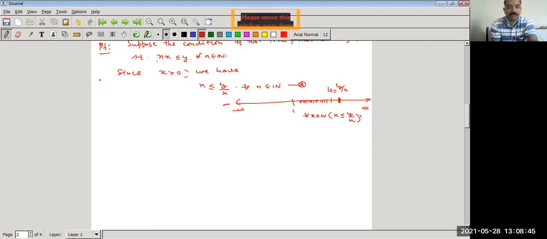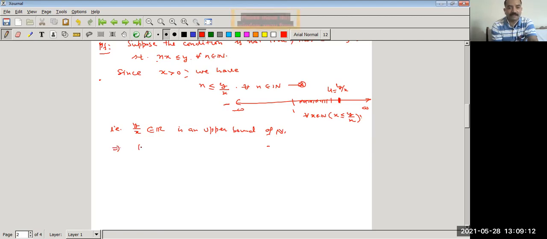It means there is a contradiction. This implies that y upon x belongs to R is an upper bound of the set of natural numbers. So N is bounded above.